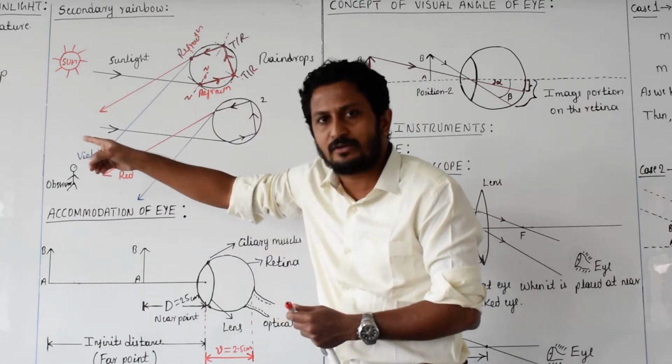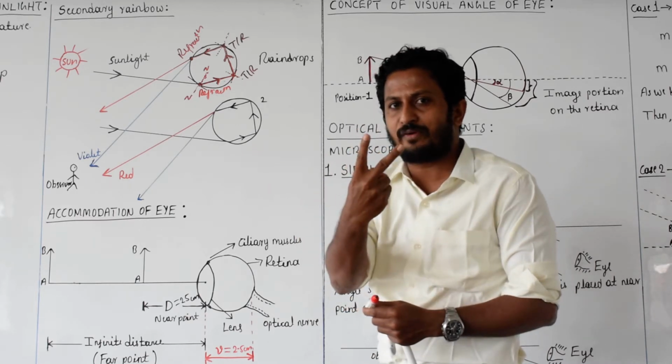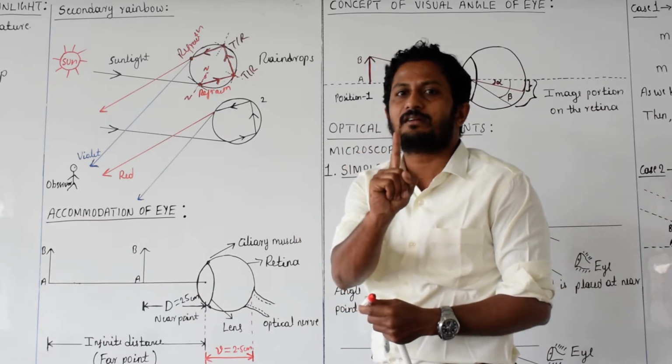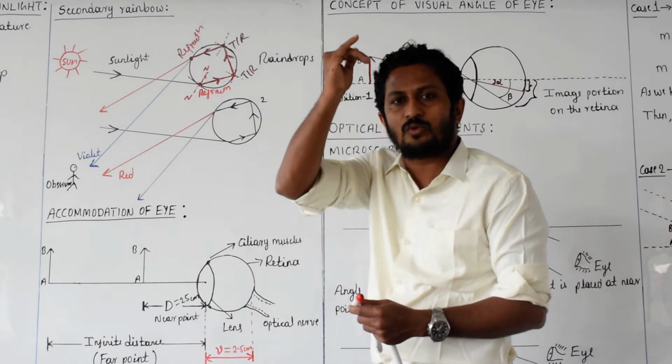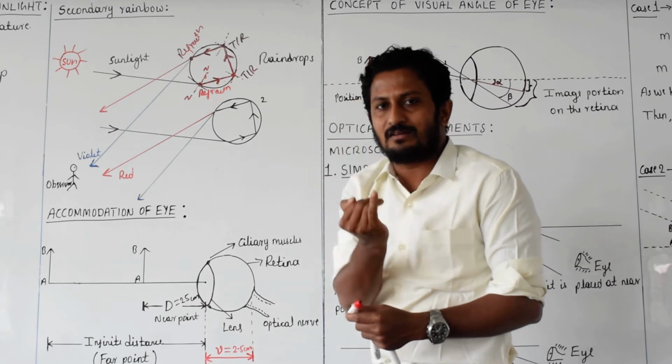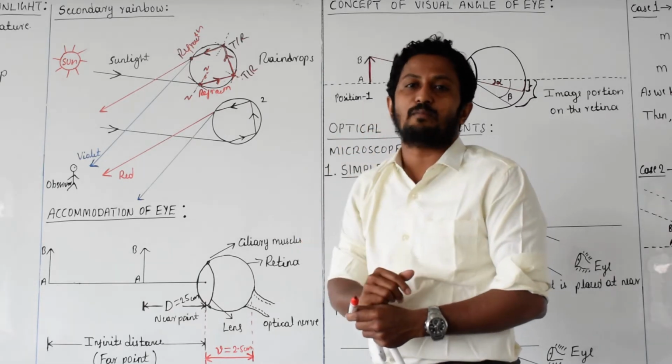When it entered through the top portion, we saw two refraction and one TIR. There we found a spectrum in which red color was at the top and violet at the bottom, which we called a primary rainbow.